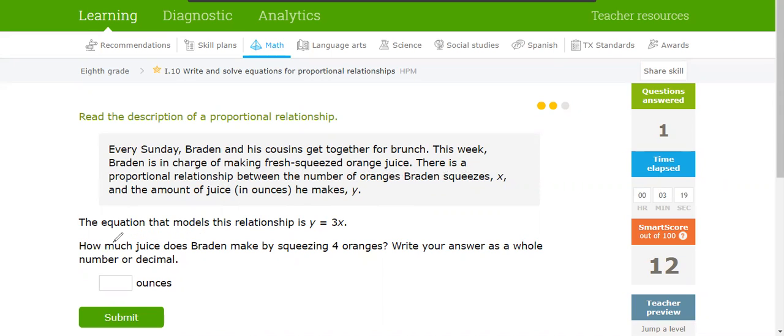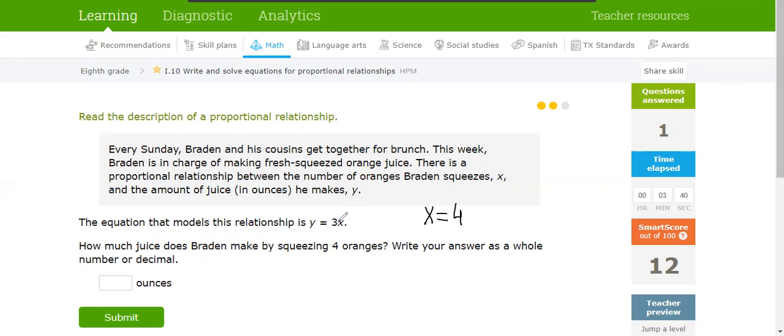How much juice does Braden make by squeezing 4 oranges? So the number of oranges was x, right? So x is going to be 4 in this case. And in order to find the amount of juice, we need to find y.